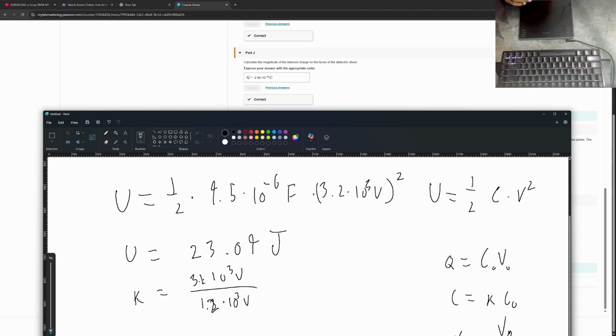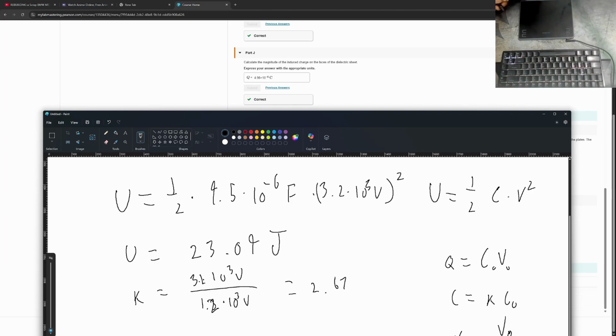So 3.2 times 10 to the power of 3 divided by 1.2 times 10 to the power of 3. So we get a dielectric constant of 2 point, let's round this to 6.7.